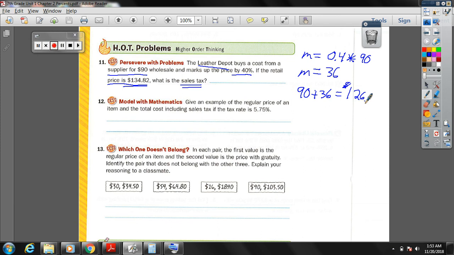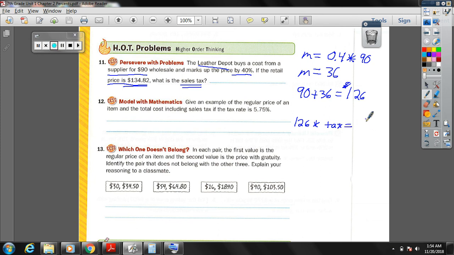Well, the entire retail price, the final price with the sales tax, was $134.82. So there's 2 ways that we can solve this next part. If we are trying to find the sales tax, normally, if we had the tax, we would take 126 times the tax and get our answer.